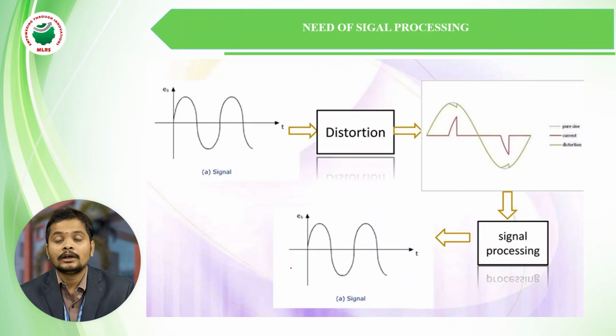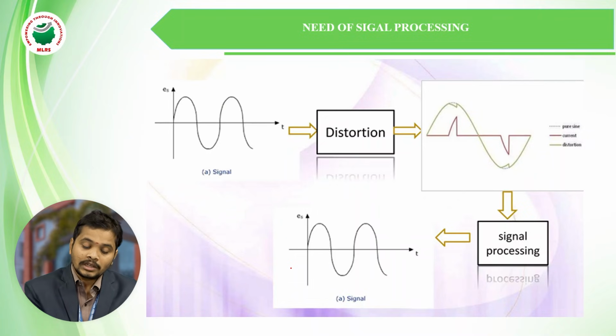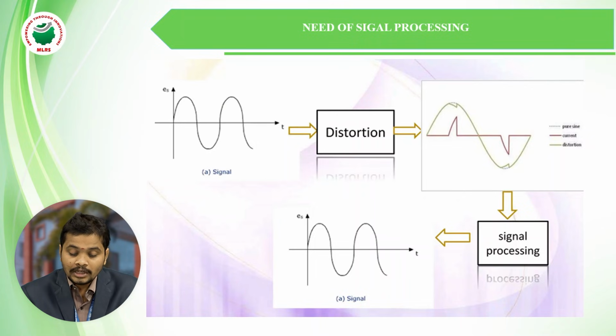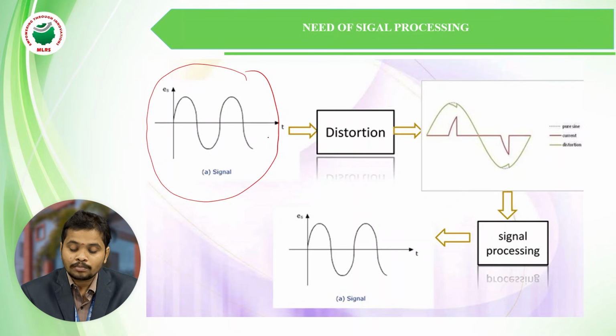And coming to the need for signal processing: why do you have to use signal processing? What is the purpose? Here I have clearly given a diagram to show that. Here I have a sinusoidal signal with respect to time and frequency.